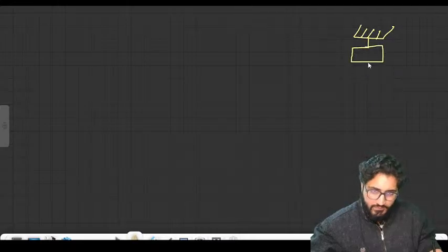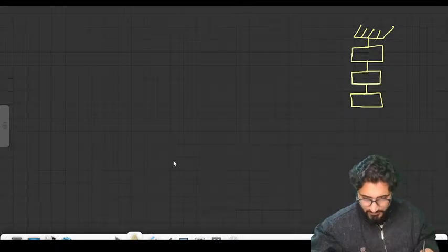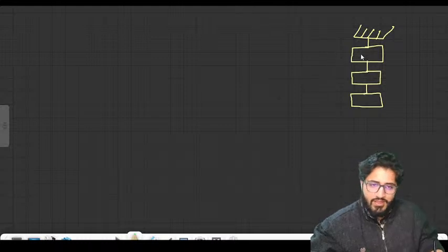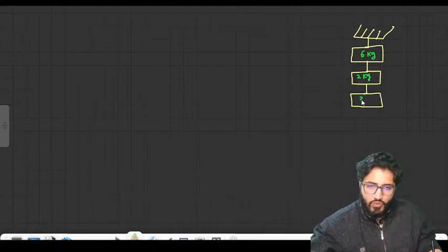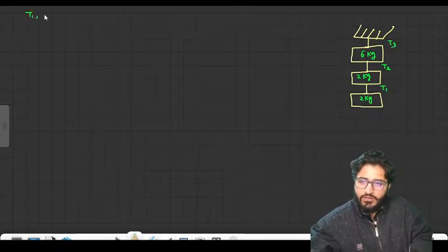One box, two boxes, three boxes: 6 kg, 2 kg, 2 kg. Tension T1, tension T2, tension T3. Find T1, find T2, find T3.